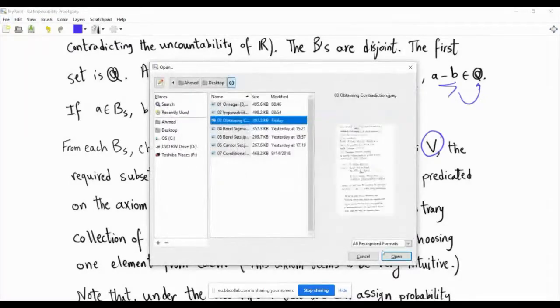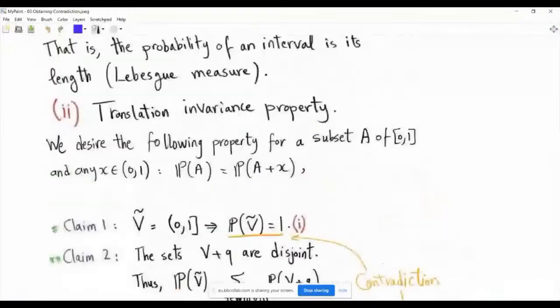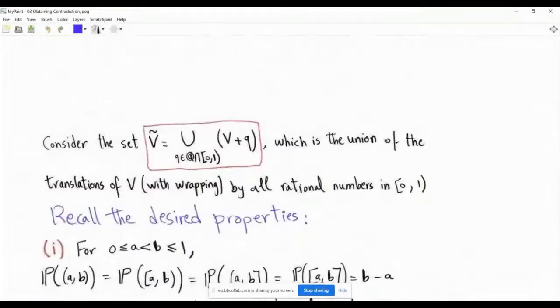Now we will construct from the set V another set, which is V tilde. So what is V tilde? V tilde is a countable union of translated versions of V. So what is the set V?